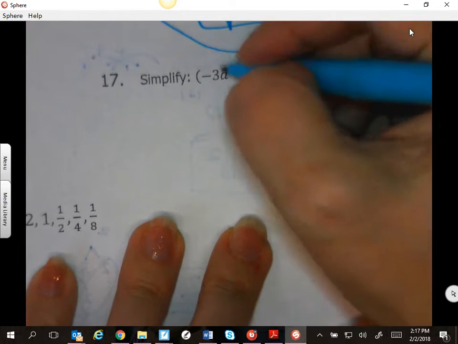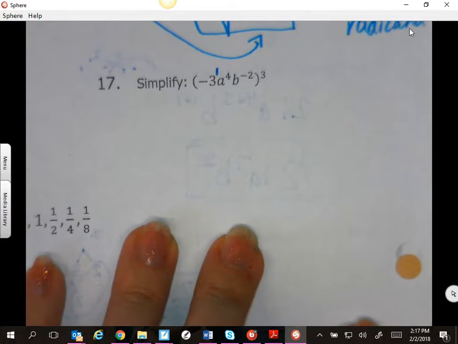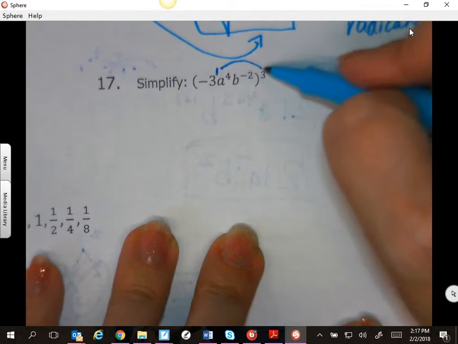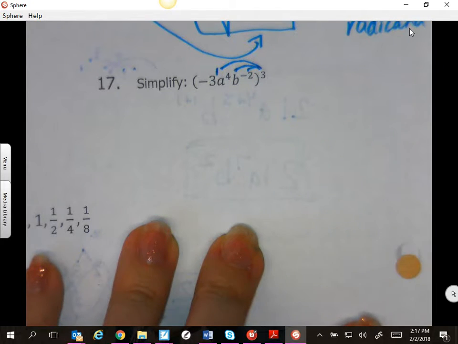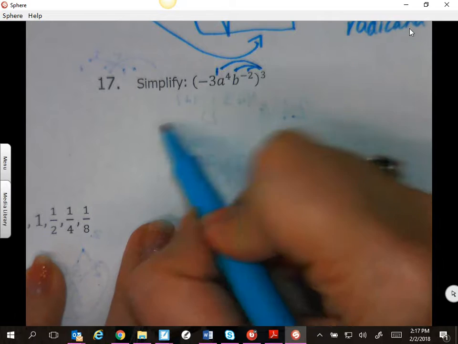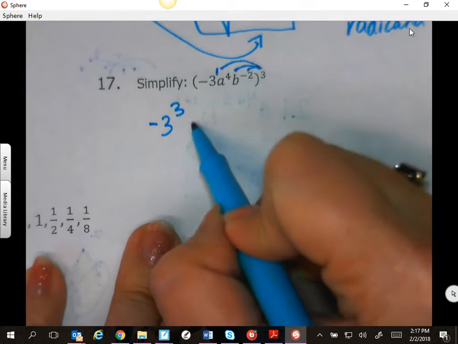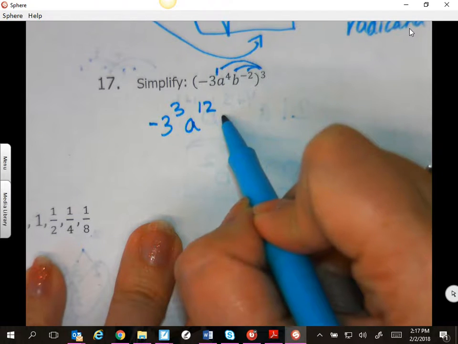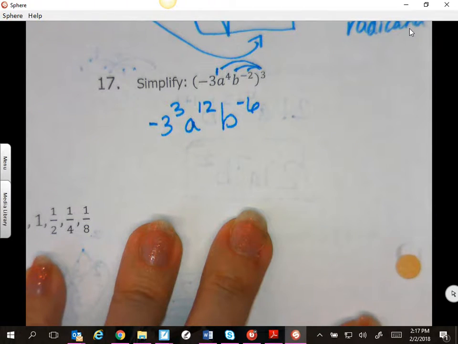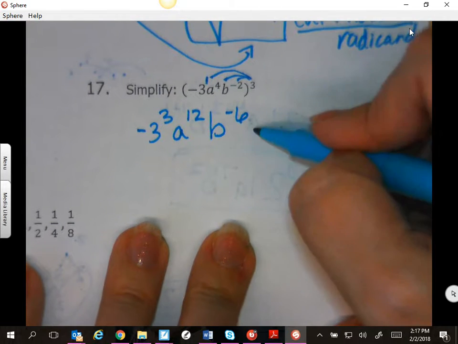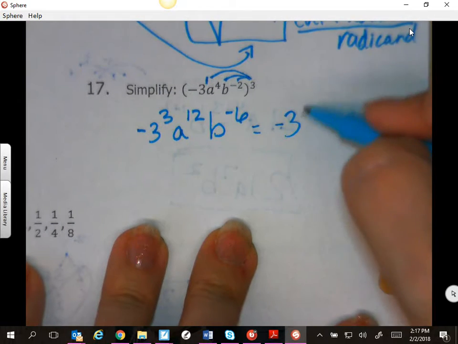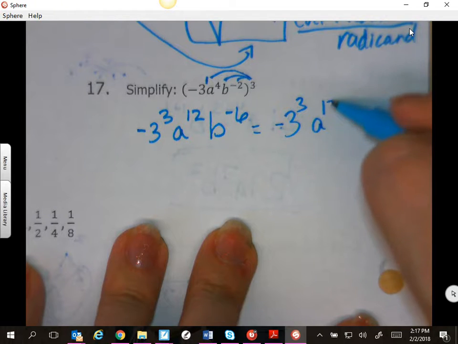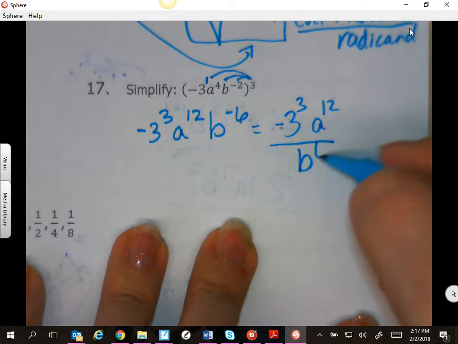Simplifying here, I'm going to put a 1 on my negative 3. We're just distributing. Okay, this is also on your formula chart. Negative 3 is 3rd power. A to the 4 times 3 is 12. Negative 2 times 3 is a negative 6. Technically, you could leave it like that. It depends on what the answers are. We can write negative 3 cubed a to the 12 over b to the 6.